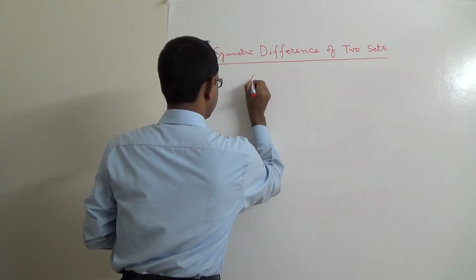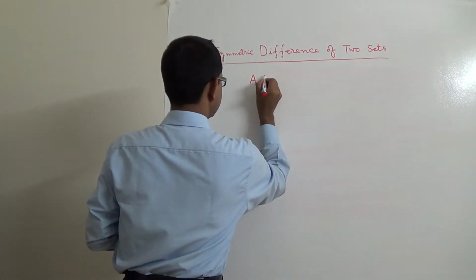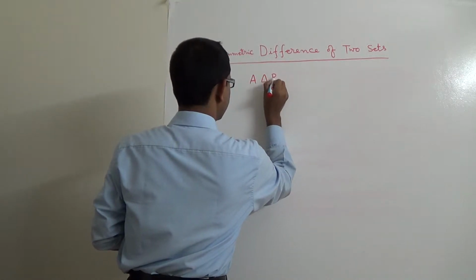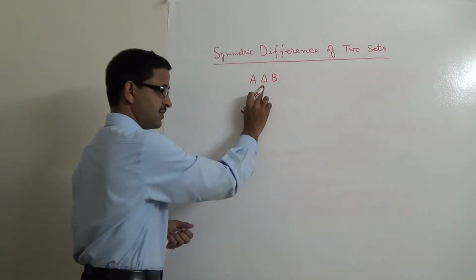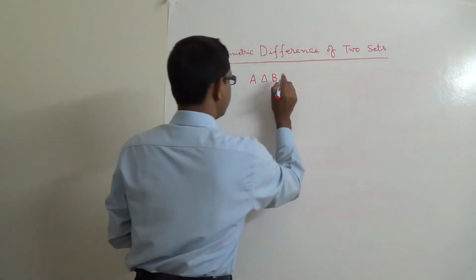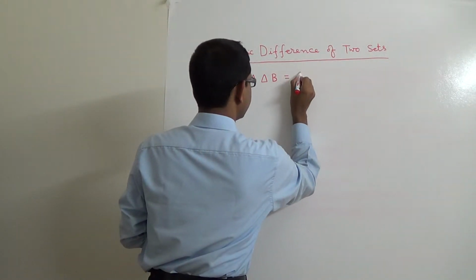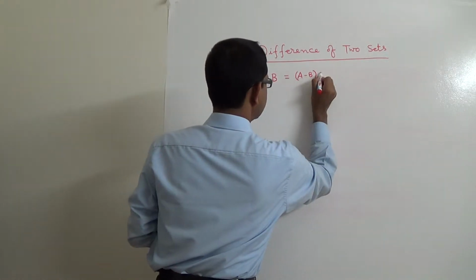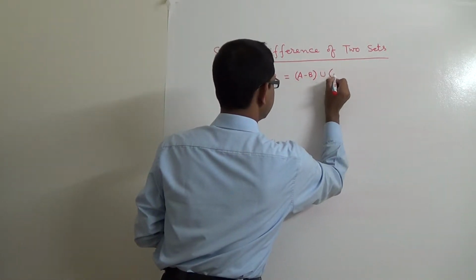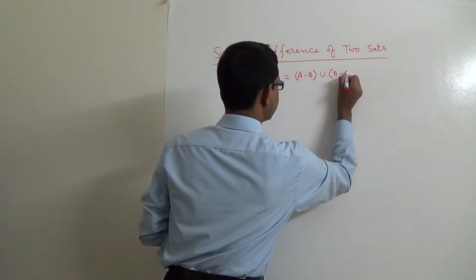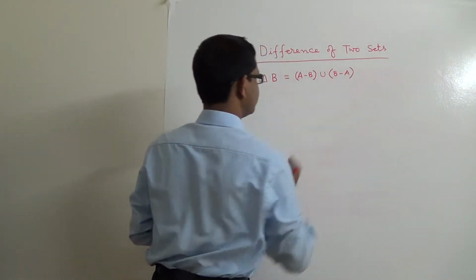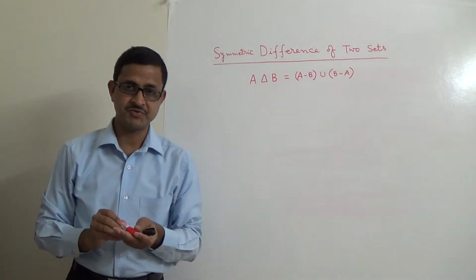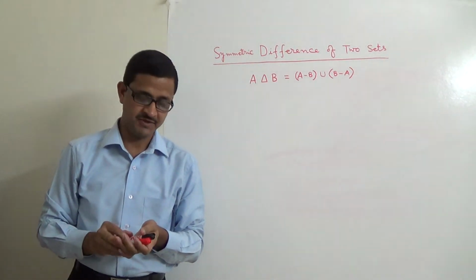It is denoted by the symbol called A, this is the symbol of symmetric difference, that is equal to A minus B union B minus A. That is called symmetric difference between two sets A and B.